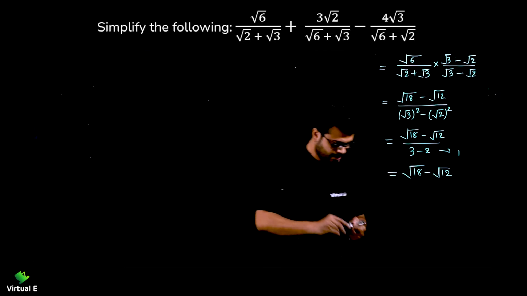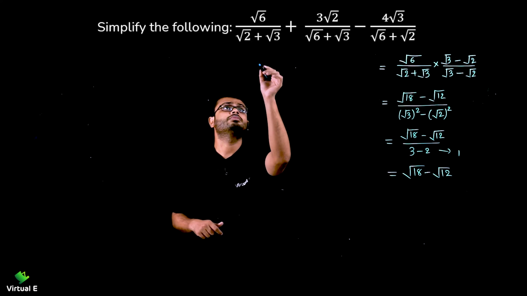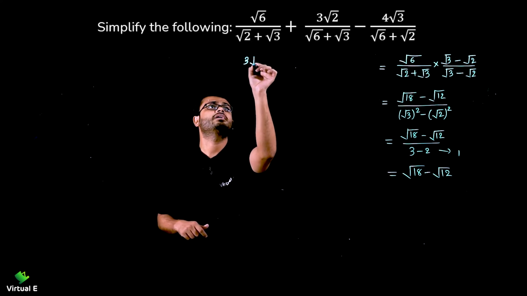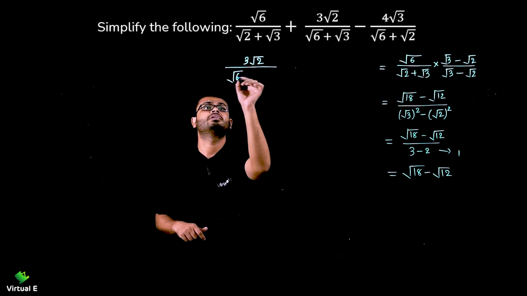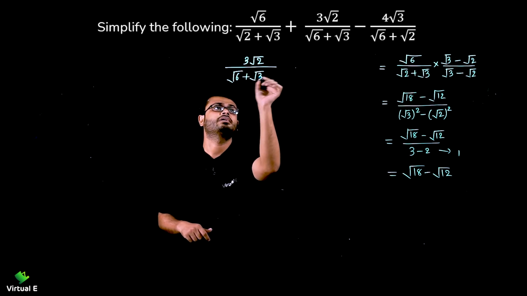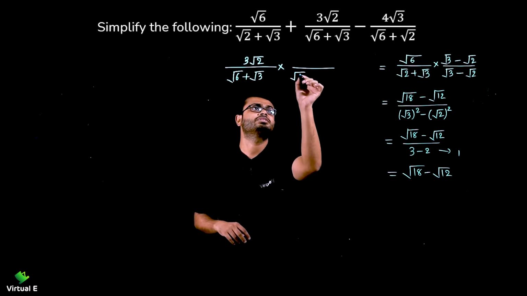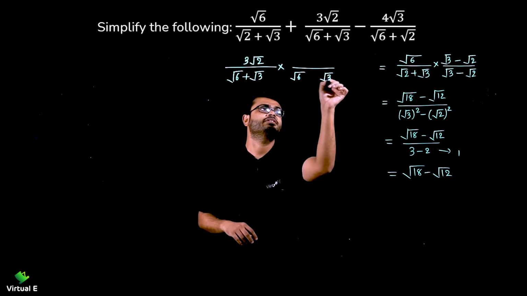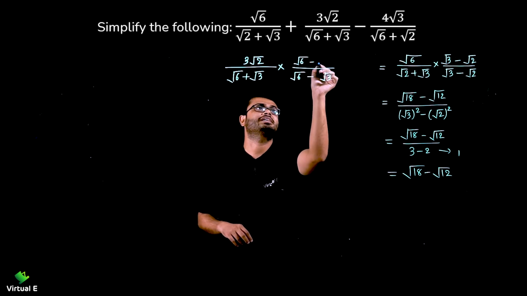Done? Now let's discuss the second one, that is 3 root 2 over, we have root 6 plus root 3. Done? Let's start with the product. Here in the denominator, same numbers but different sign, plus, so minus here, and numerator exactly the same.